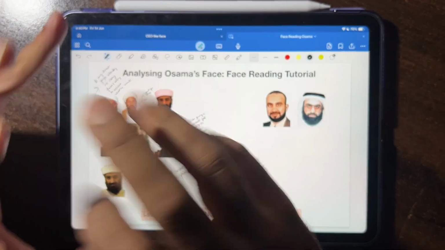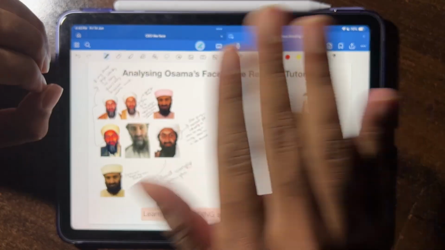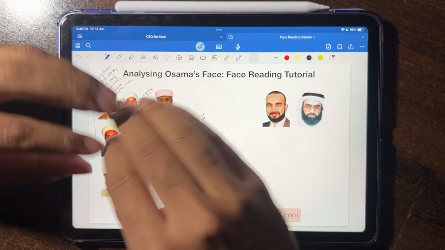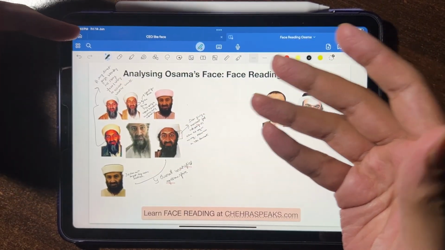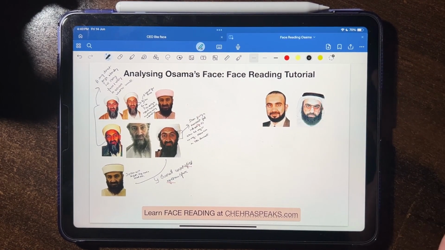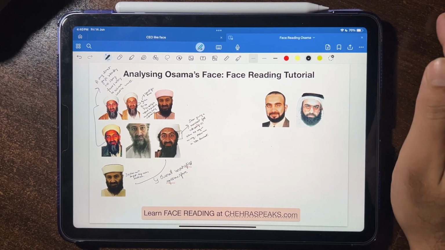All of those things I have investigated a little pre-shooting this video. So herein I have images of Osama bin Laden that I have gathered, of course, from the internet, and KSM, that is Khalid Sheikh Mohammed, who was the principal architect of 9/11 attacks, as they say.